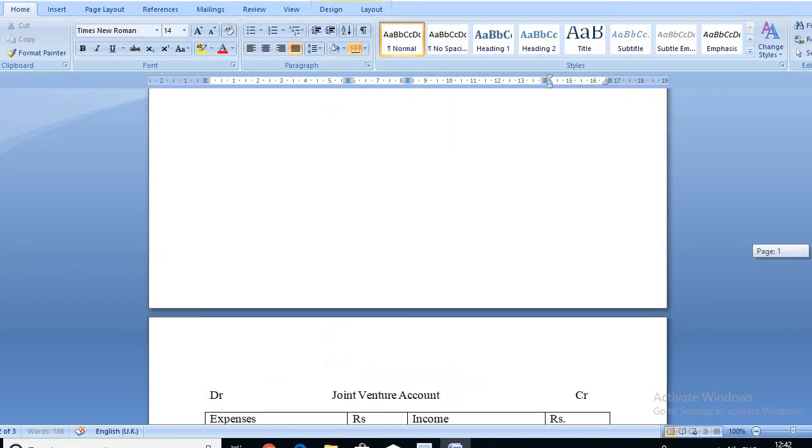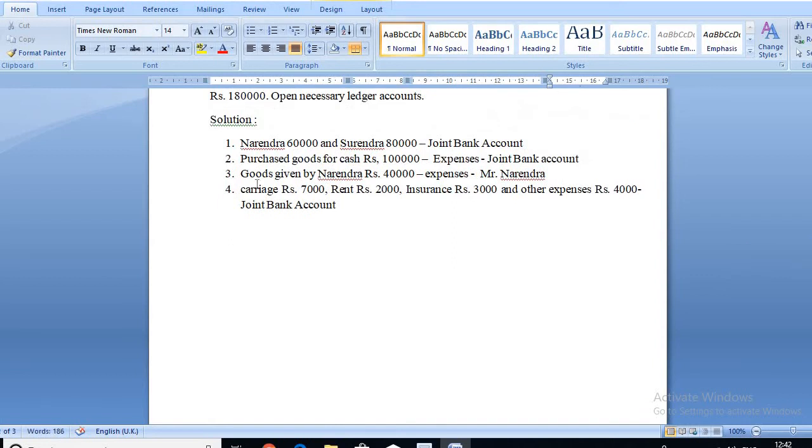Now come to the third entry. Here goods were given by Narendra, 40,000. Here Narendra also supplied goods. How much? 40,000. This is also an expense. Where to record expenses? Expenses should be recorded in joint venture account, because joint venture is just like a profit and loss account. Here we have to record income and expenses.